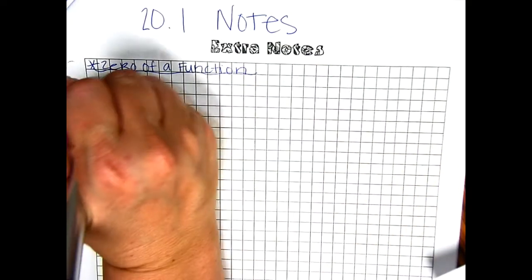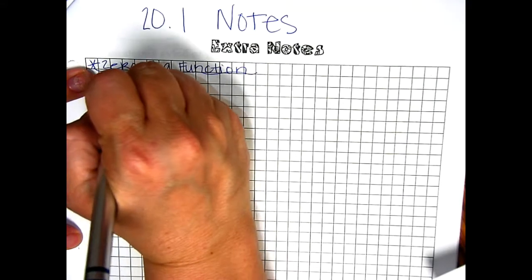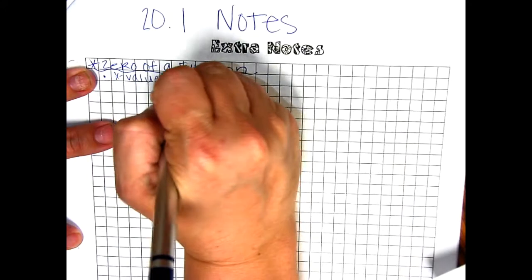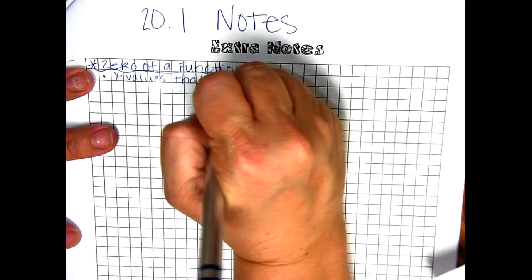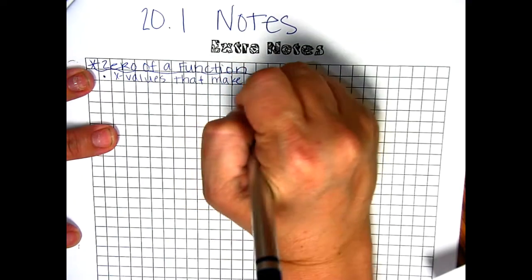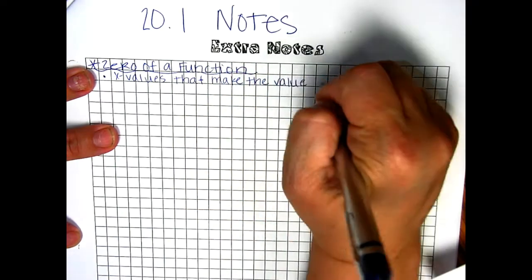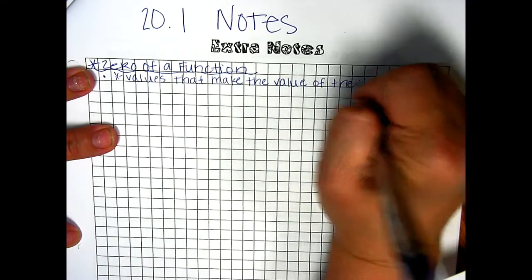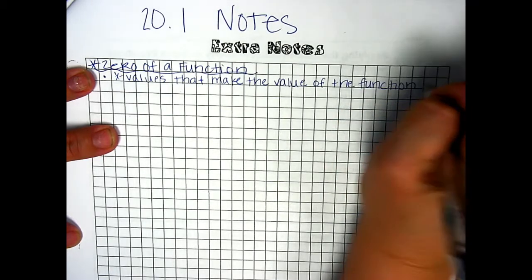Okay, the zeros of the function are the x values that make the value of the function zero.